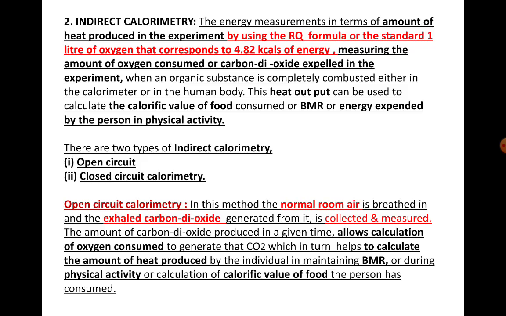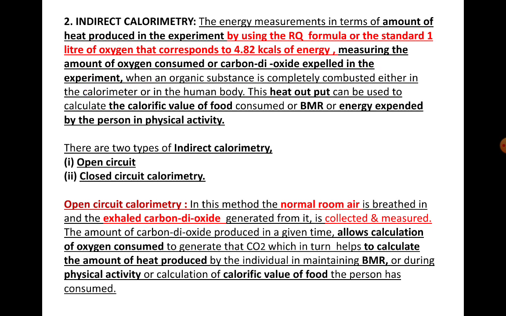Now coming on to indirect calorimetry, here the amount of heat produced in the experiment is indirectly calculated, which means that you don't actually get the heat output in the experiment, but you will be calculating heat production in terms of the amount of oxygen that is consumed or the amount of carbon dioxide that is expelled by an individual.